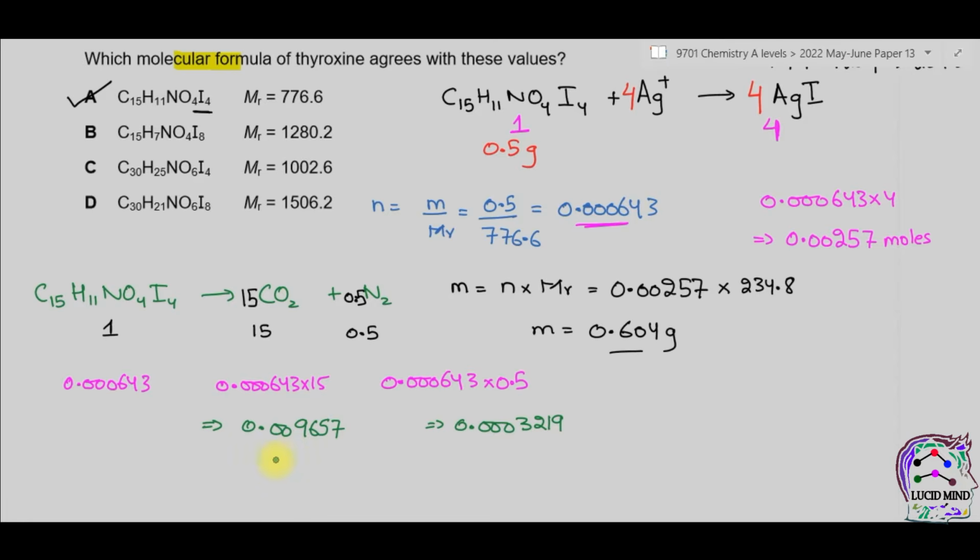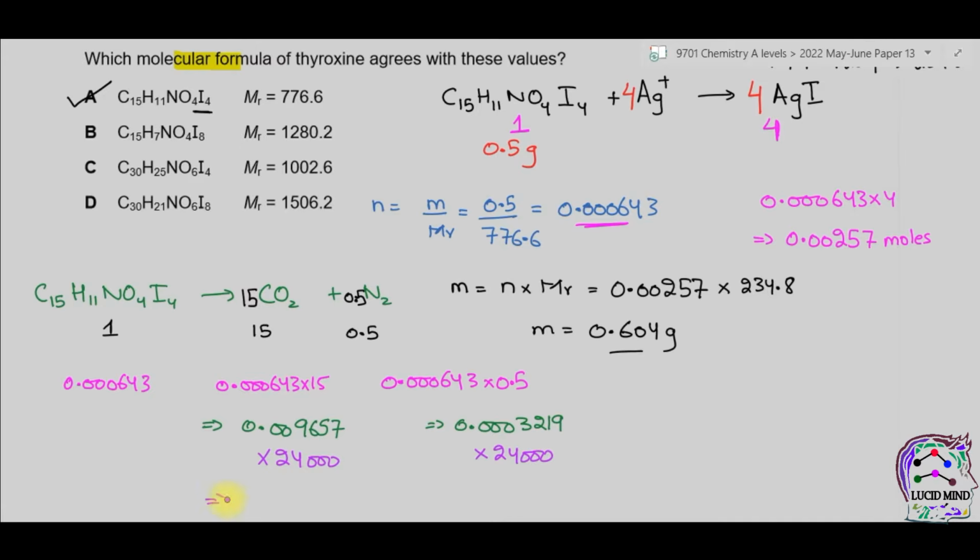Now let's convert these moles into volumes. As we know, 1 mole is always equal to 24 decimeter cube. In this one we need centimeter cube, so we multiply with 24,000 to convert to centimeter cube.